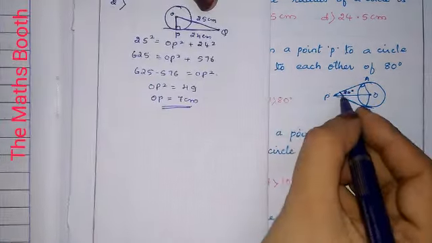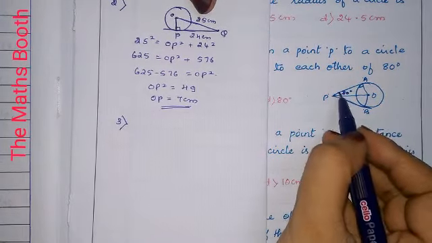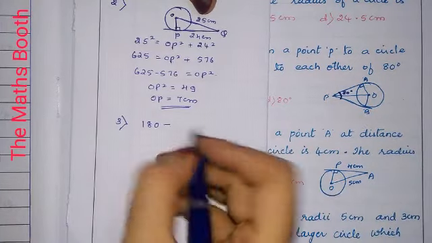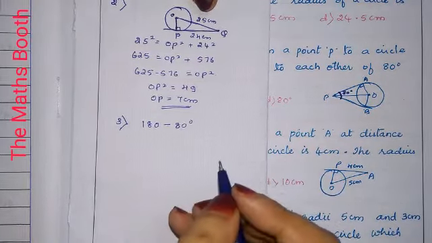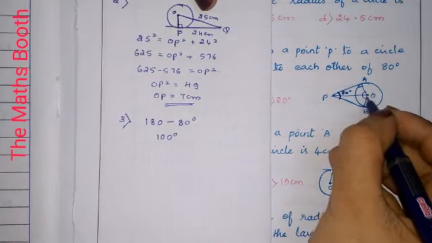Now, like the previous problem, we can solve this question. I have told you what we have to do: 180 minus 80. What did we get? 100 degrees. This full angle is 100.